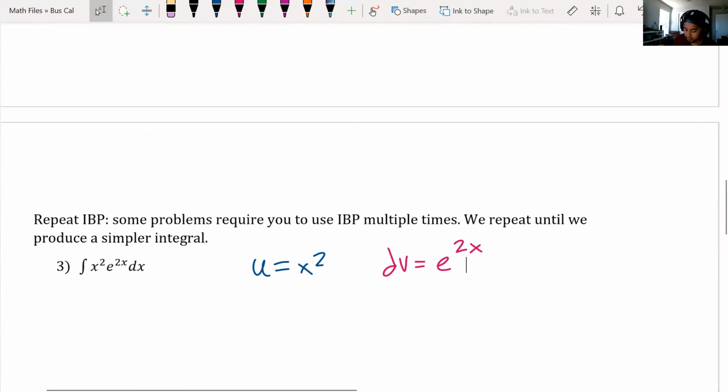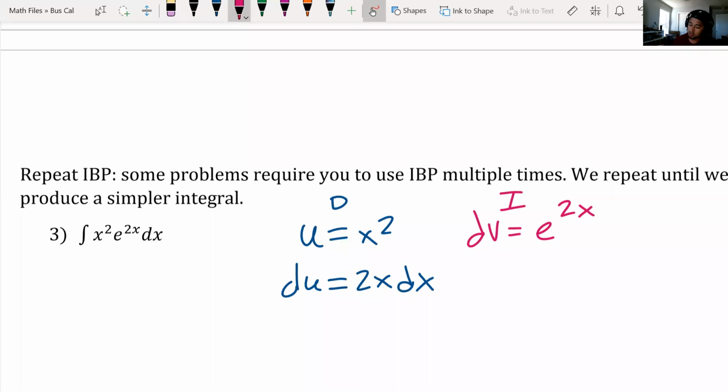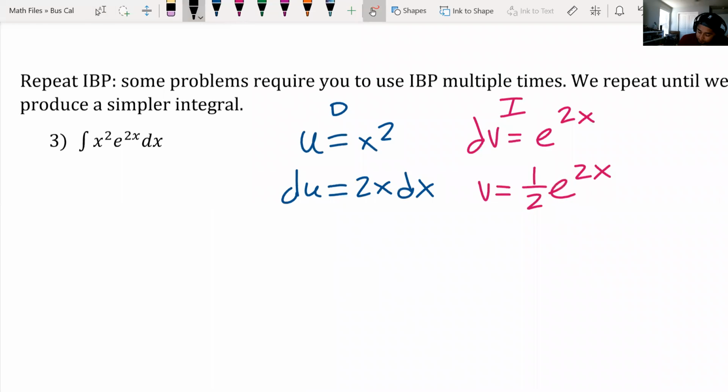Okay, so now we do the derivative, du equals 2x dx. And then we do the integral. V is 1/2 e to the 2x. And then we follow the formula.